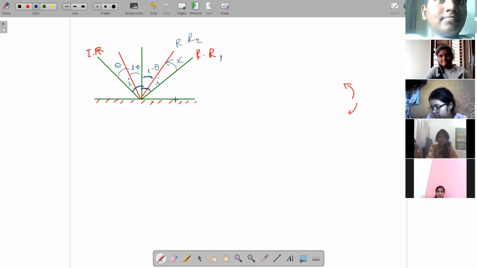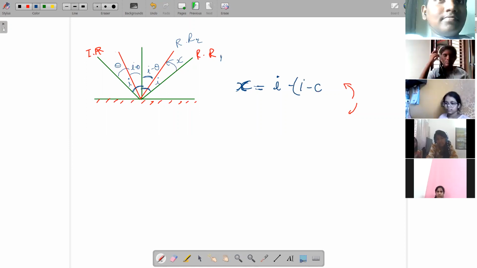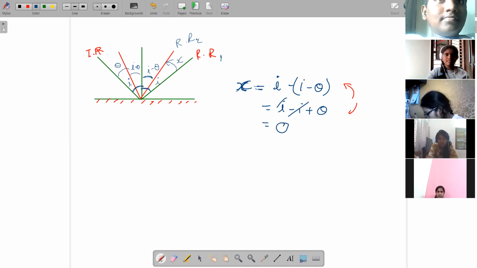Minus into minus is plus, so i cancels and I get theta, in the anti-clockwise direction.